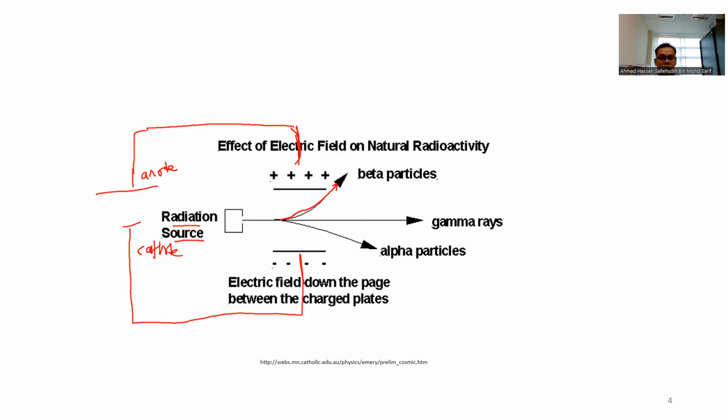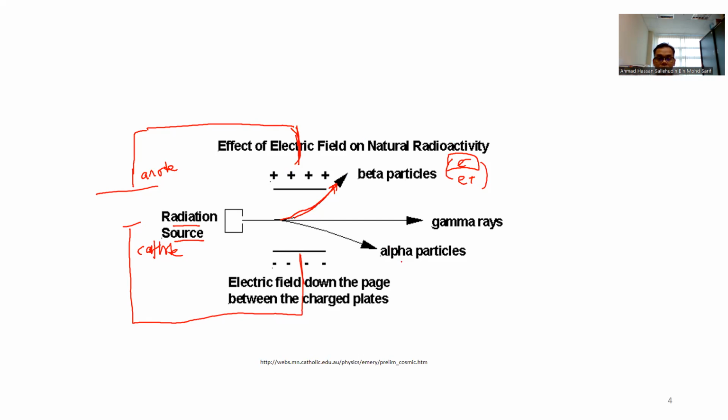Beta particles could be negative electrons or positive electrons, but if the radiation source is emitting negative electrons, then they will be deflected towards the anode. When subjected to the electric field, they will move towards the anode.